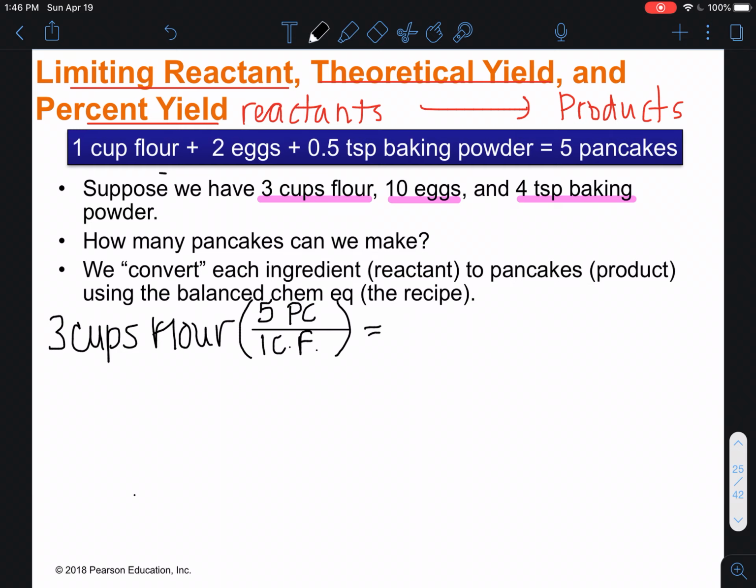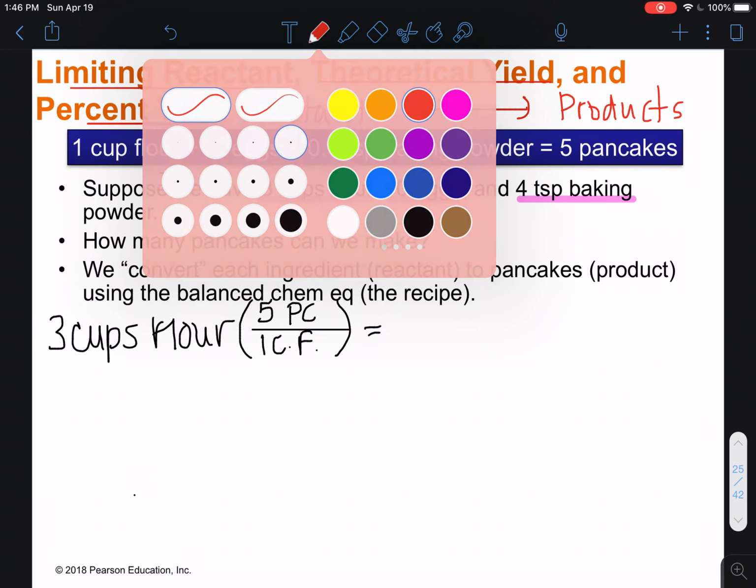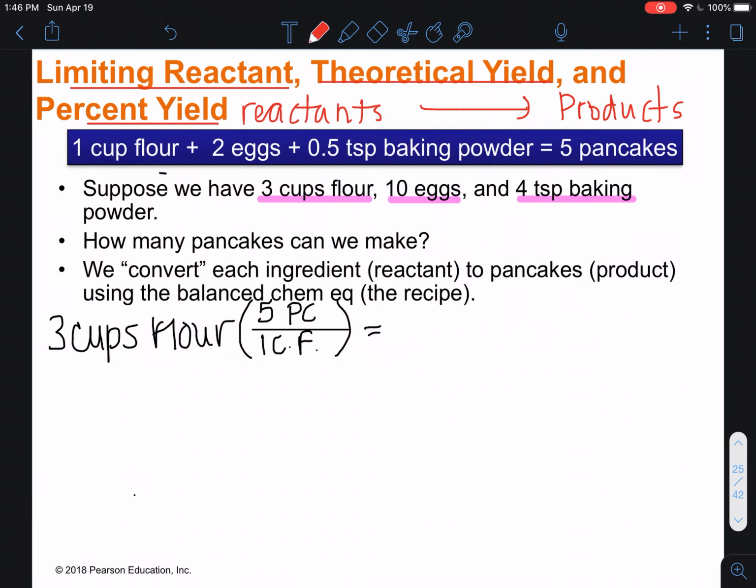Which will give us, if the units cancel, the answer left in pancakes, 15 pancakes.